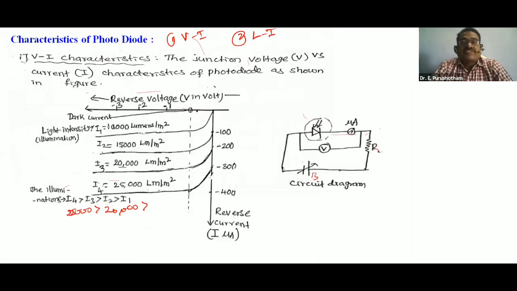Characteristics of the photodiode. We can explain the characteristics of the photodiode in two ways: number one, V-I characteristics; number two, L-I characteristics. Take reverse voltage on the x-axis and reverse current on the y-axis. The graph shows the variation between reverse voltage and reverse current for different light intensity values: 10,000, 15,000, 20,000, 25,000 lumens per meter square.